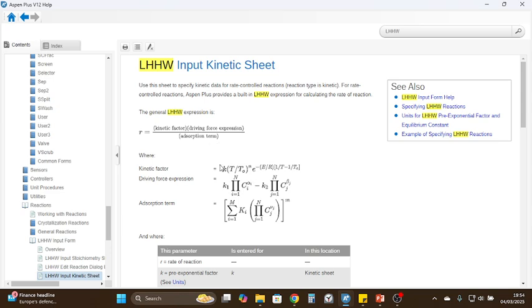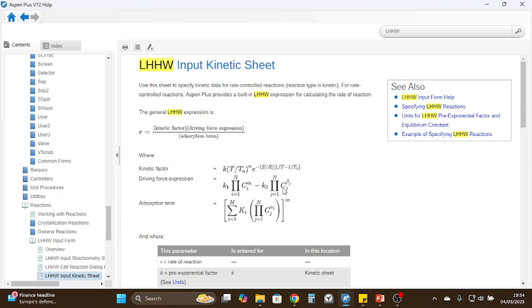The kinetic factor is the factor that we already know from the power law that we have taken. It is a generalized power law equation. Next is the driving force expression. What is the driving force expression?